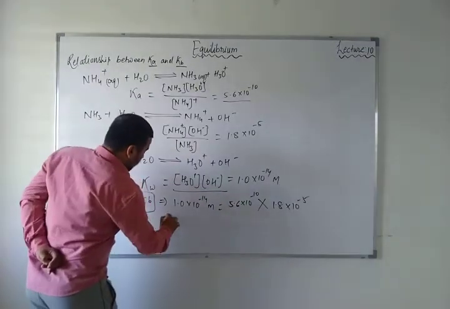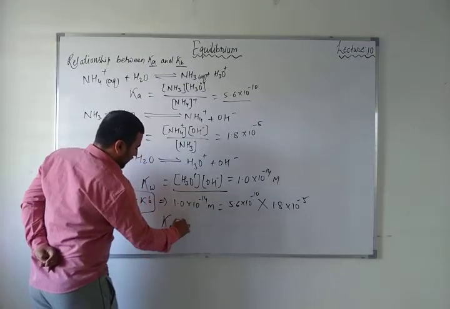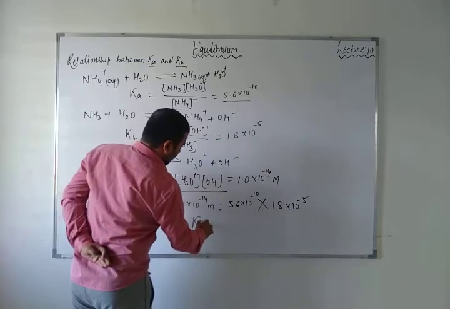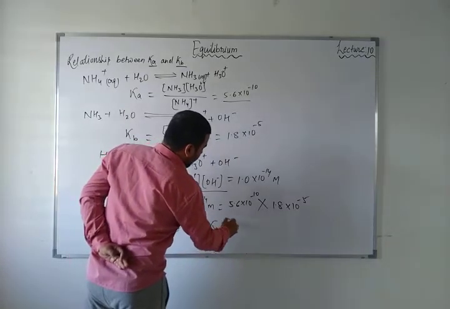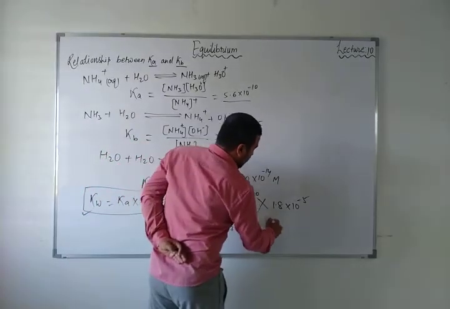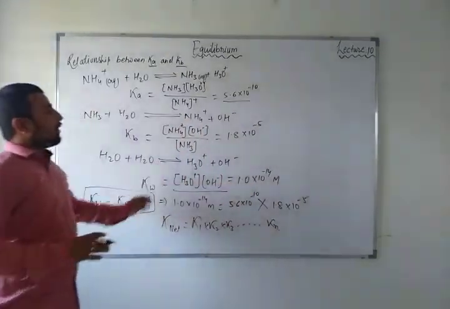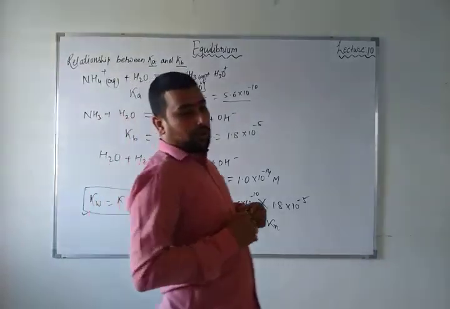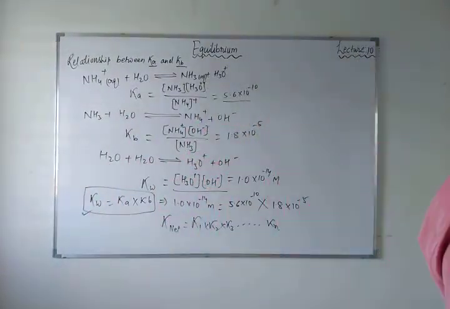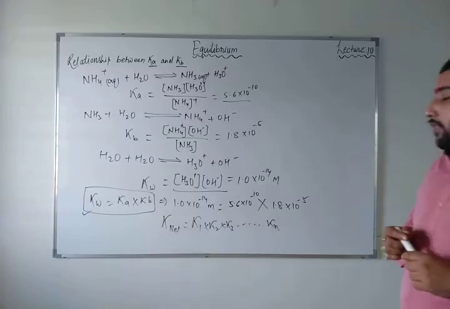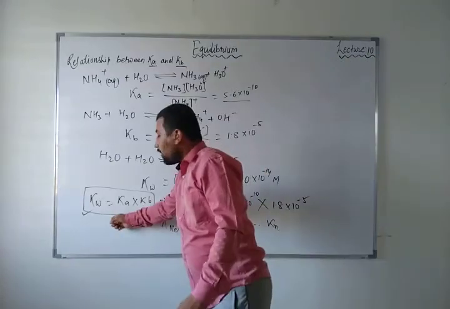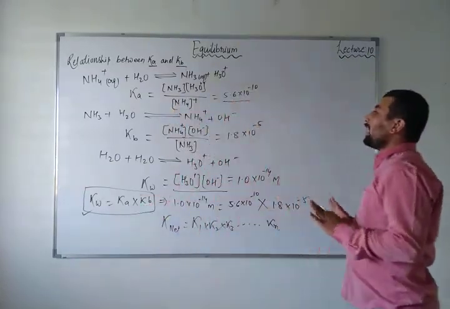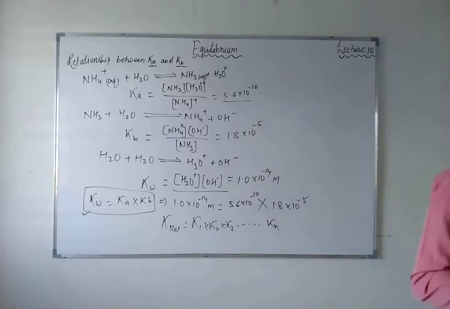And if you want to calculate the net ionization constant from the given values, for example K1 into K2 into K3 till Kn, it can be easily calculated by the formula K net is equal to K1 into K2 into K3 till Kn. So remember this one, Kw is equal to Ka into Kb. That is the main thing which we should understand.